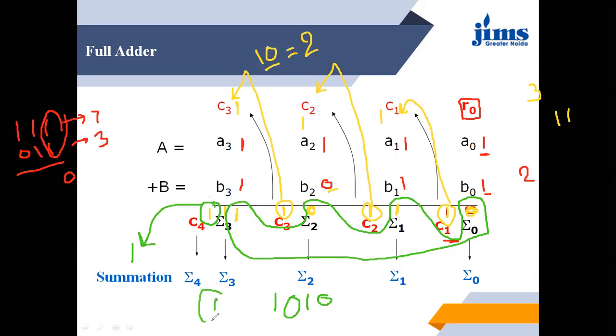So in this way we can use a third bit for the carry. By using that we can add three numbers. Now about this R0.